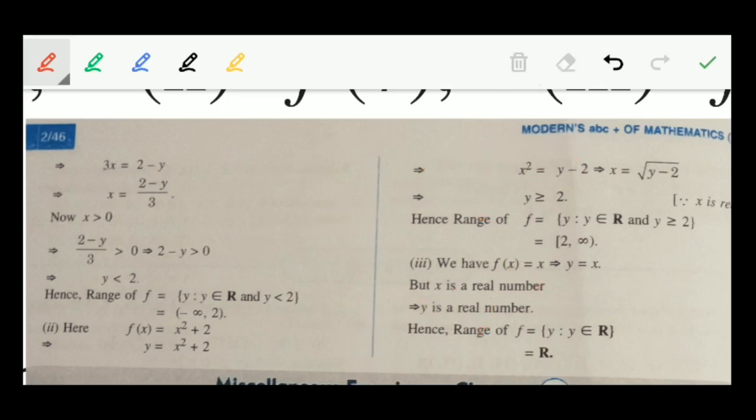So therefore the required range of this function is greater than or equal to 2. You can see the range of this function is 2 and more than 2.